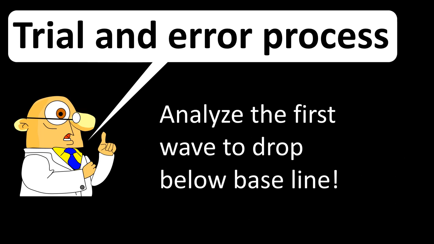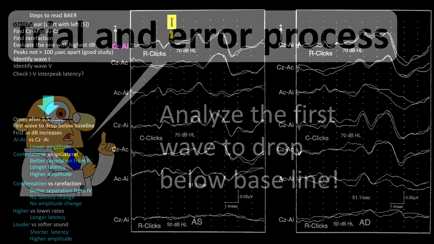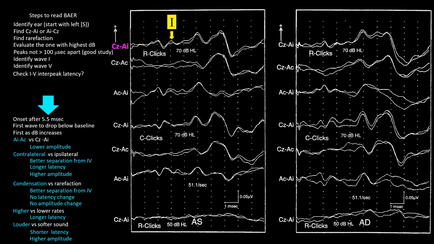Again, the process starts by choosing which wave to analyze first. In most cases, the best choice is the first wave that drops below baseline, which I have just identified in this frame.